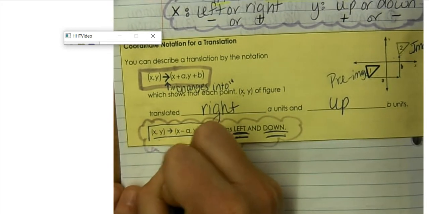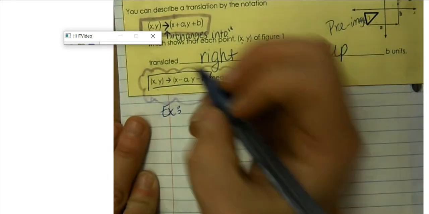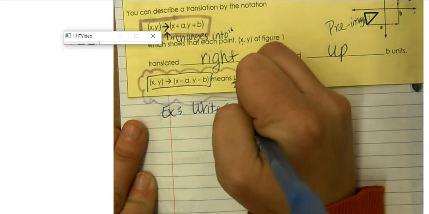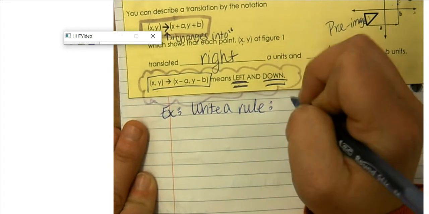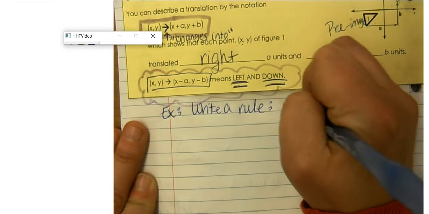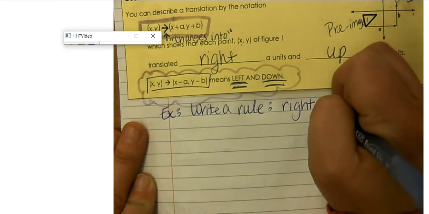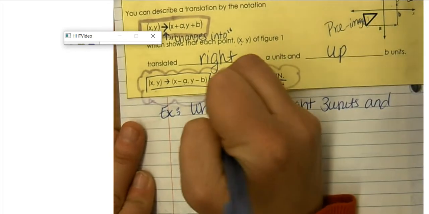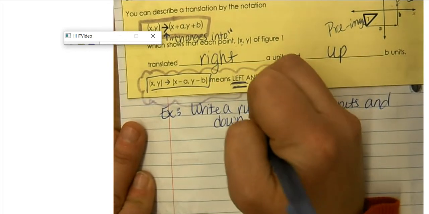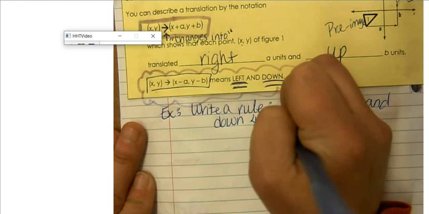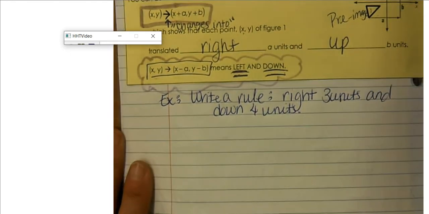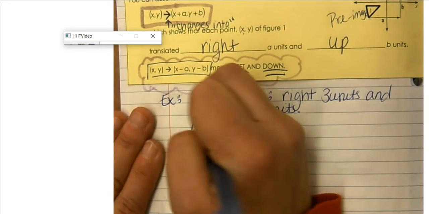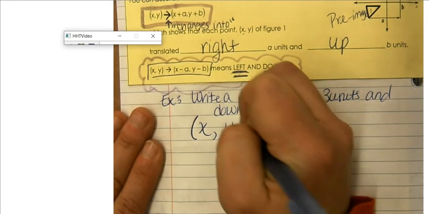So if I were to give you an example where it says write a rule for moving all ordered pairs to the right 3 units and down 4 units, what that would look like is this. Writing a rule always starts with X, comma, Y, because these are your ordered pairs.